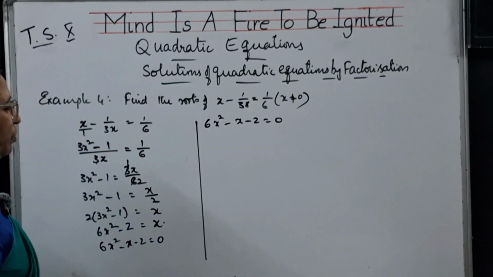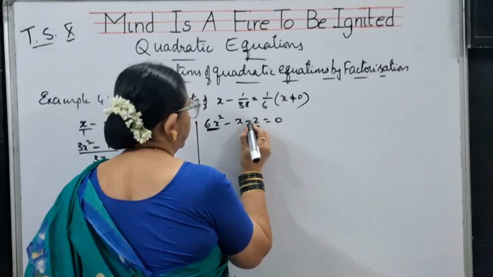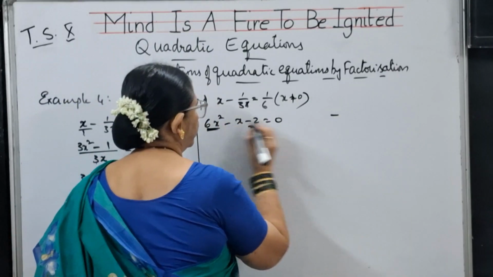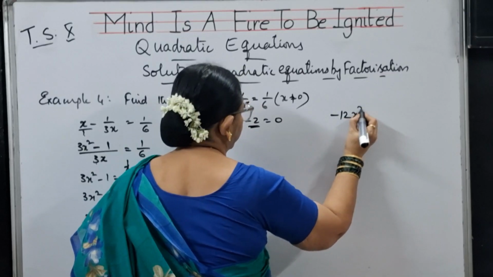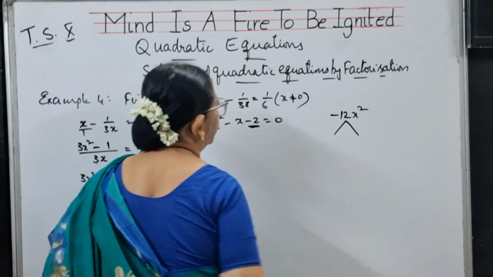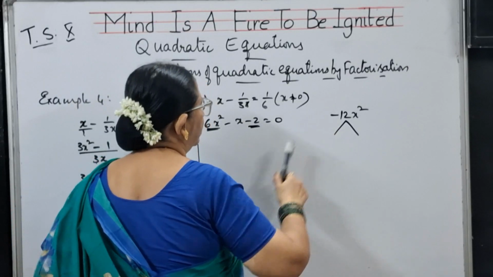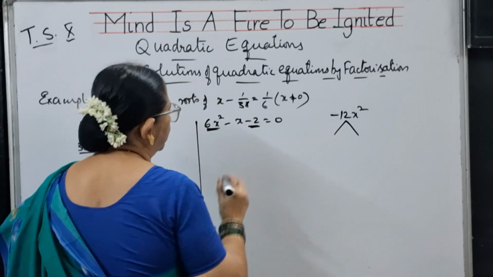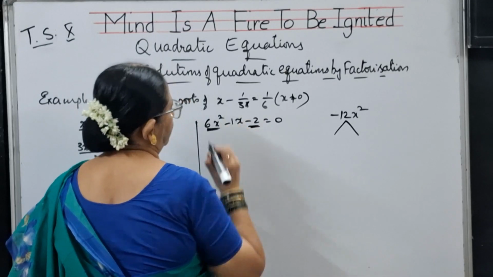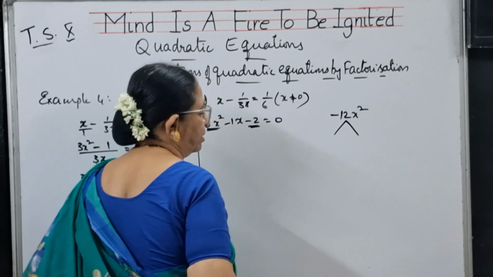So now, as we have done earlier, you have to multiply, plus into minus, minus 2 sixes are 12x square. So you need to find two factors of this 12x square in such a way that when you add, you should get minus x, meaning minus 1x. When you multiply, you should get minus 12x square.